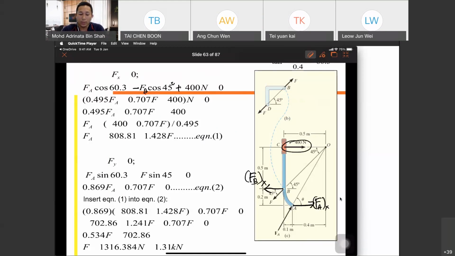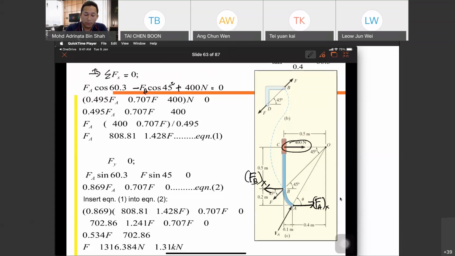So what you need to do is write your Fx equals to 0, then you can finish your equation. With two equations, the maximum is two unknowns to solve.